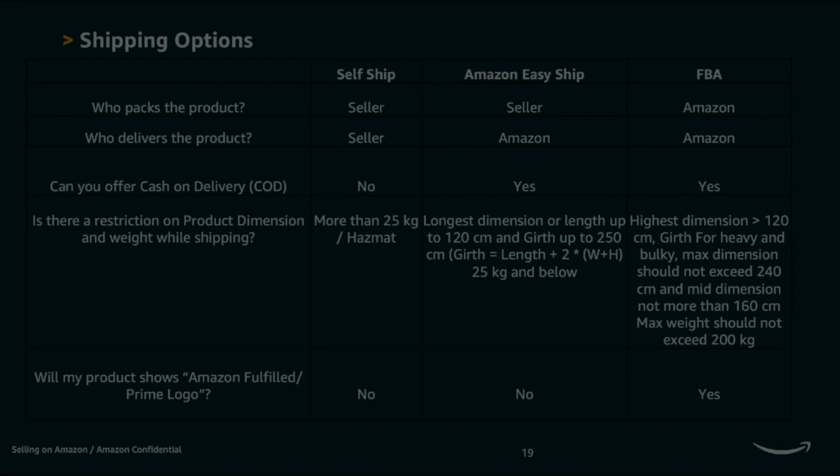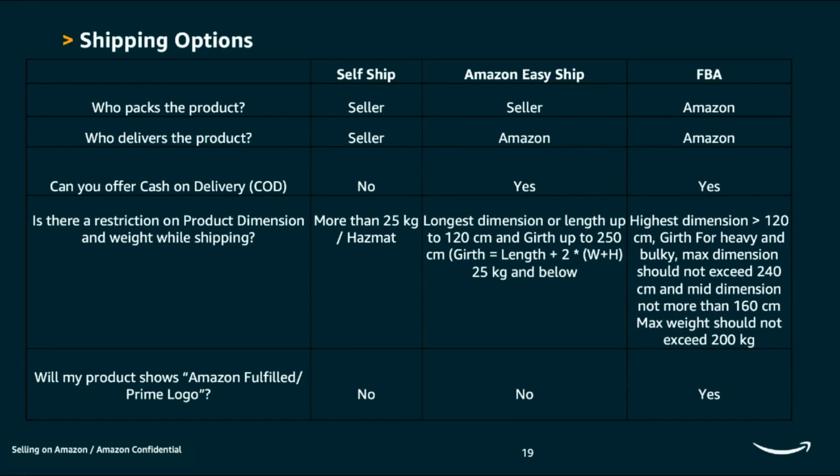This table shows the comparison of the different fulfillment options. So we have here self-ship, Amazon Easy Ship, and FBA. Who's going to be doing the packaging for self-ship and Amazon Easy Ship? That's the seller or the selling partner. It's you. But for FBA, it's Amazon. Who delivers the product?